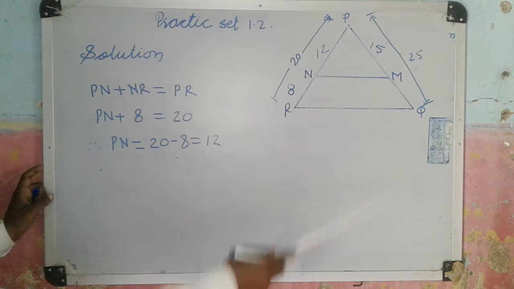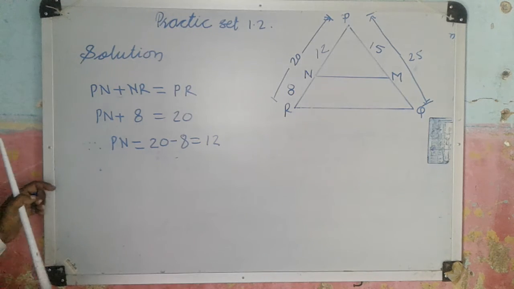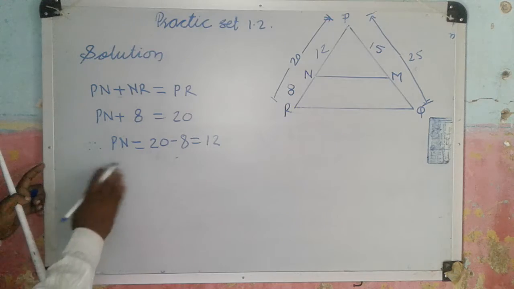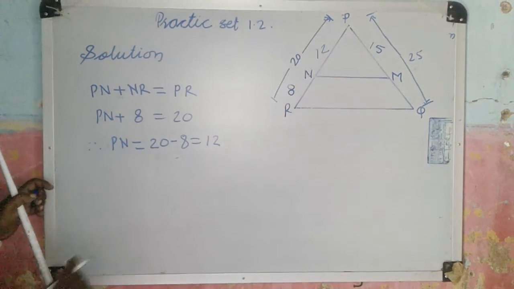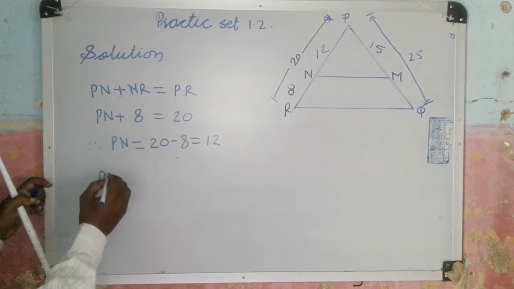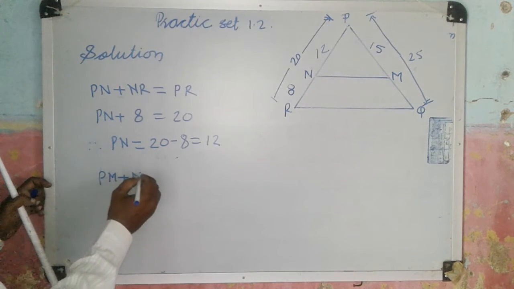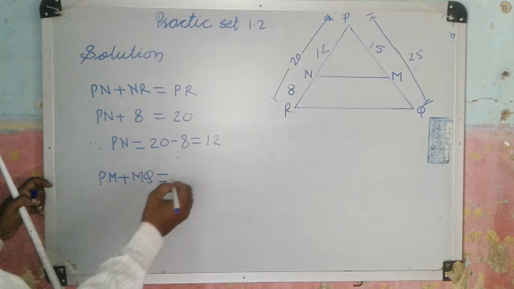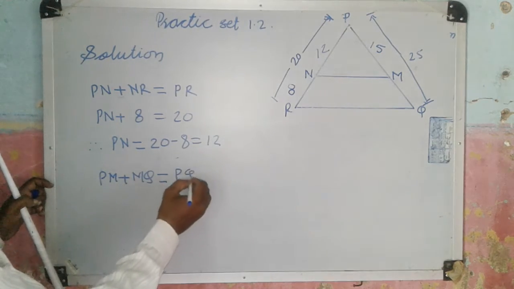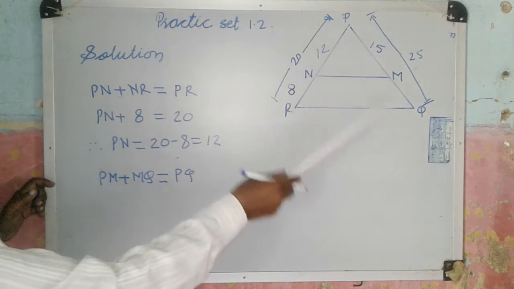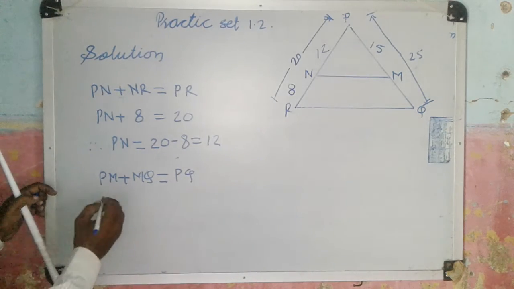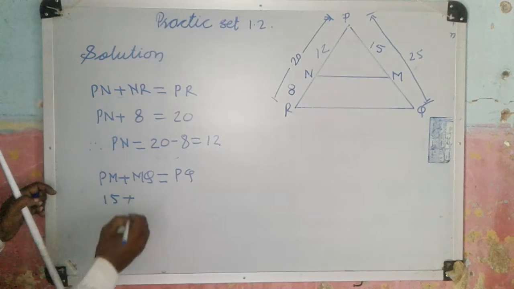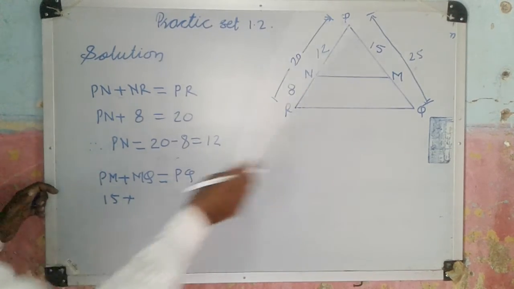Okay, now we will find MQ. So in the figure here, PM plus MQ is equal to PQ. PM plus MQ is equal to PQ. So put values here. PM is given 15 plus MQ.